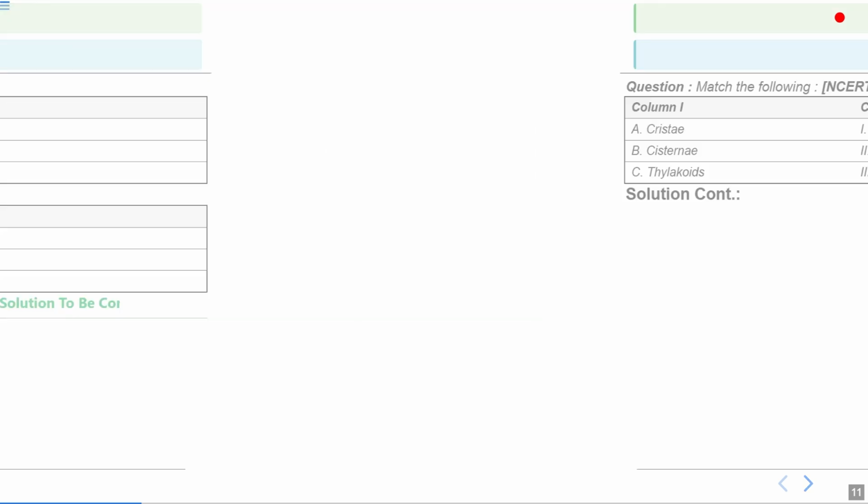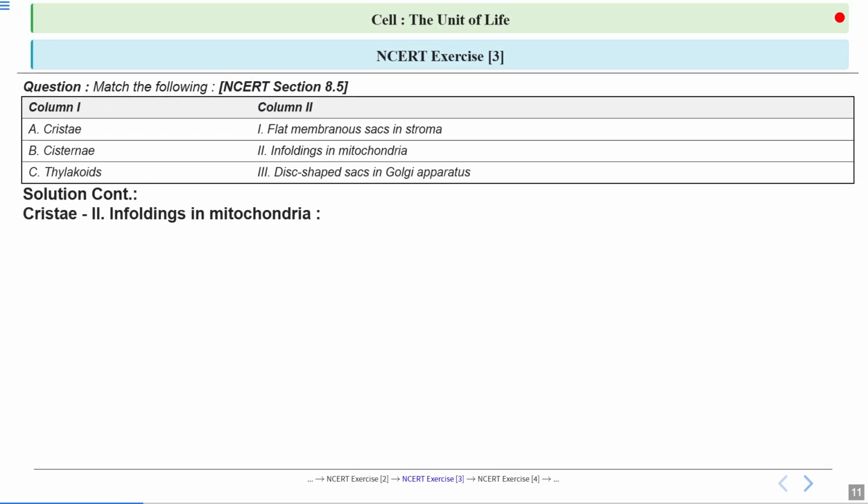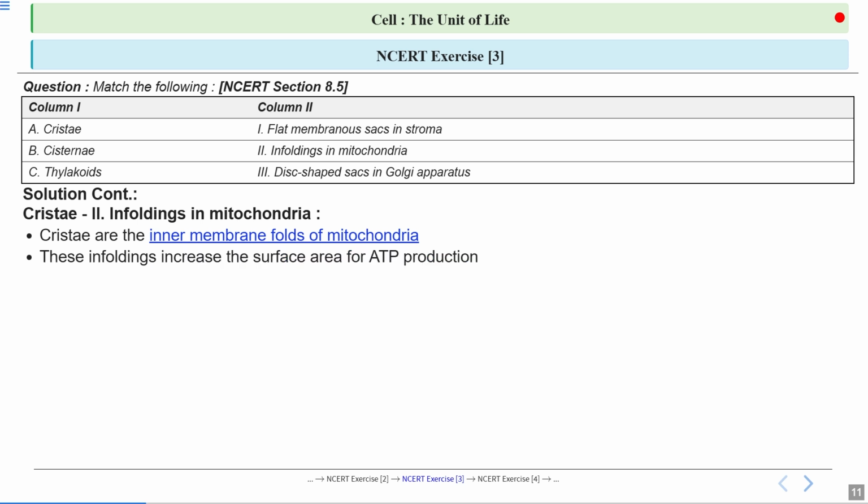Okay. So cristae are the infoldings in the mitochondria. Cristae are the inner membrane folds of the mitochondria. These folds increase the surface area for ATP production. Now, cisternae are disc-shaped sacs in the Golgi apparatus.